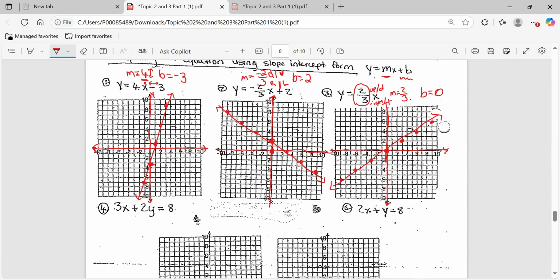Do you remember literal equations? So let's look at number 4. If I want y all by itself, put your finger over the y. Is it on the left or the right? It's on the left. I need to get rid of the 3x first. So I would move 3x on both sides.